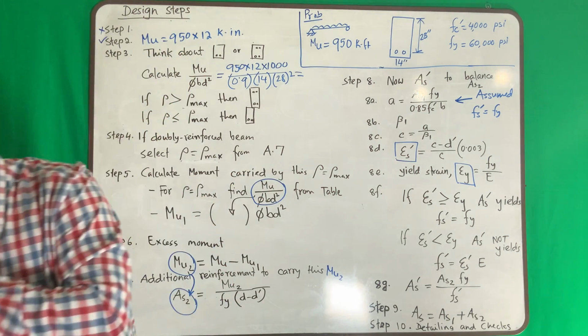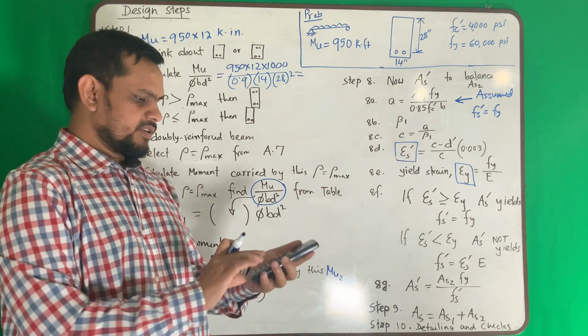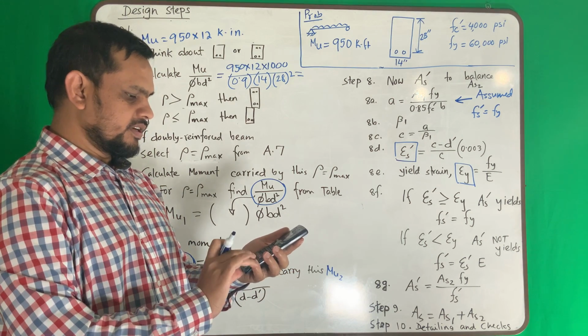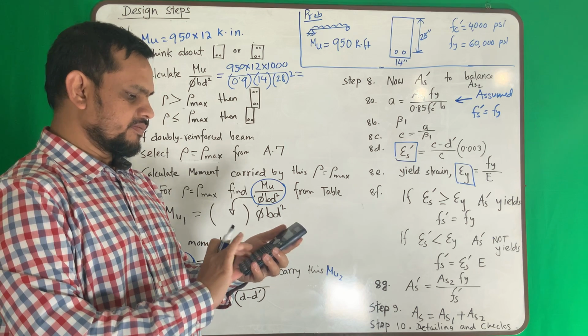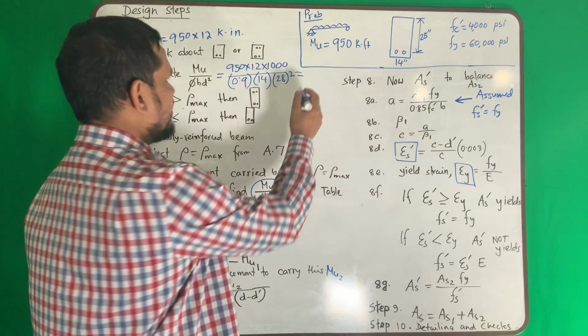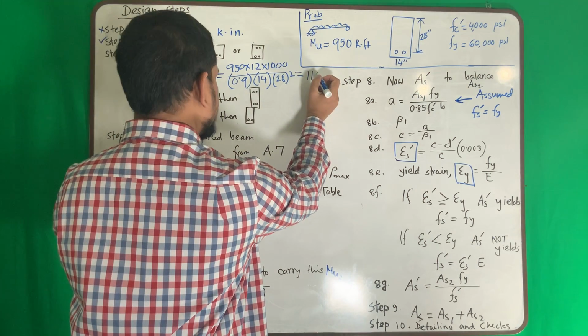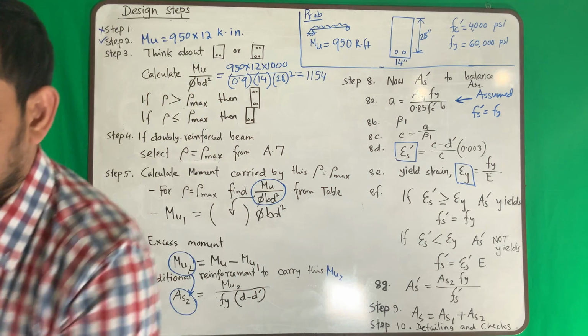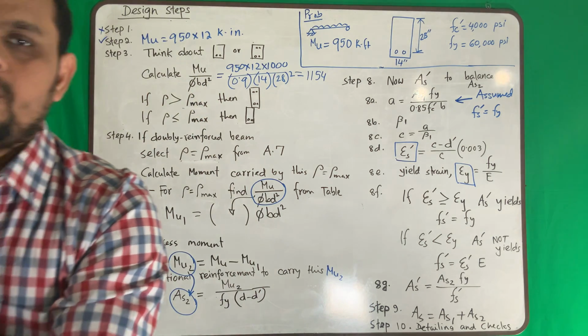This value is 950 times 12 times 1000 divided by 0.9 divided by 14 divided by 28 square. I got 1154.